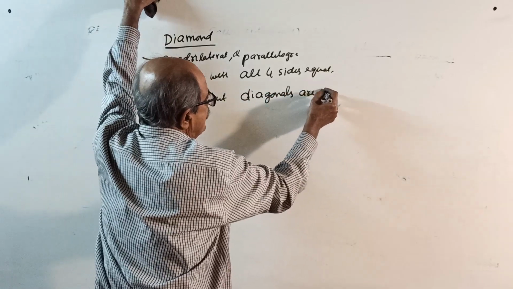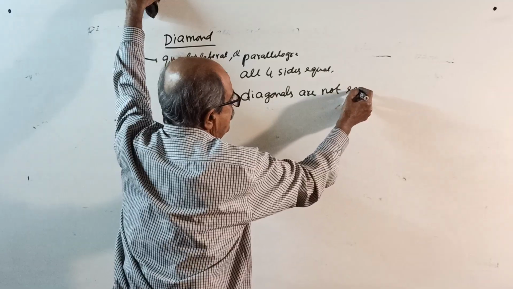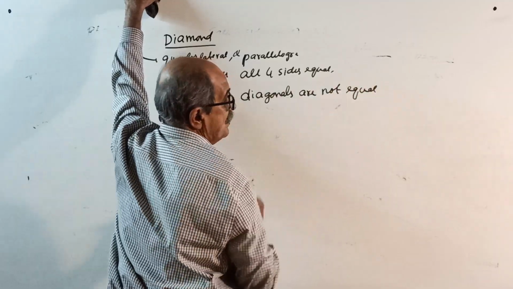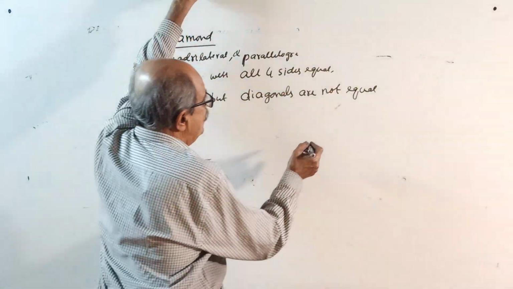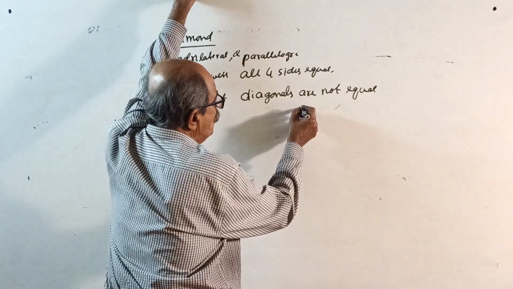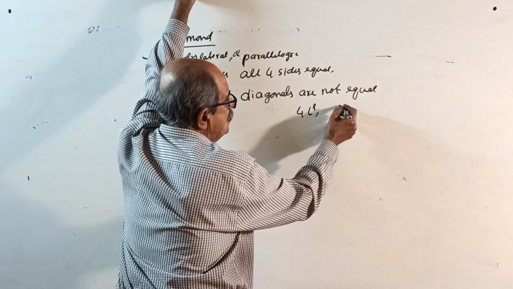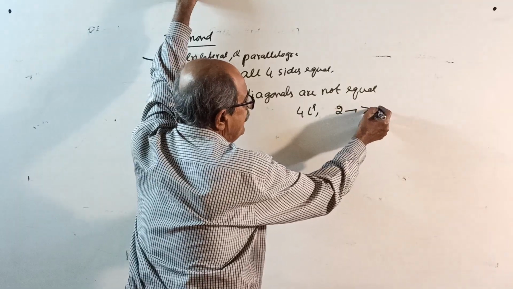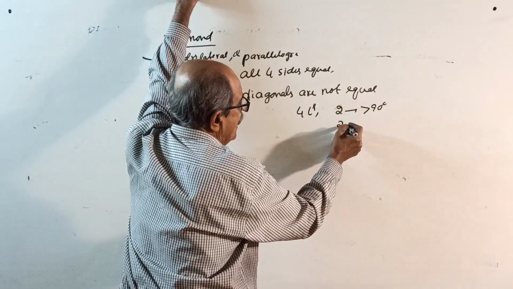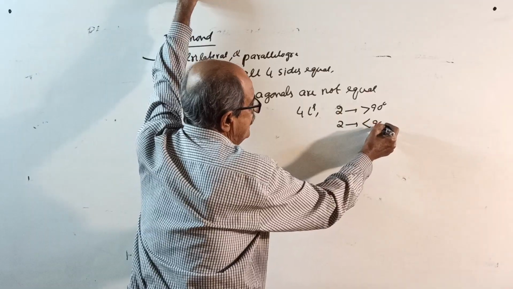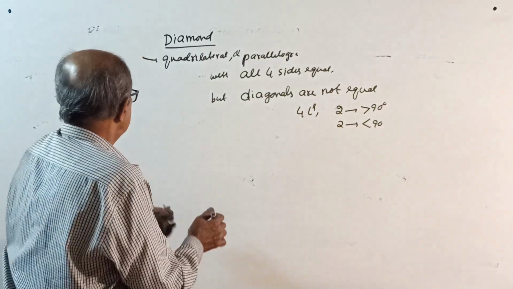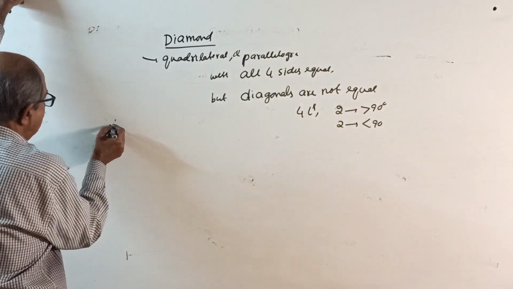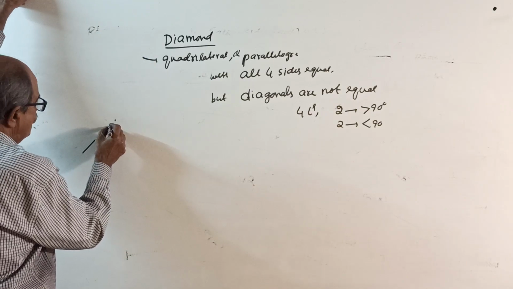So the angle is not 90. There are a total of 4 angles. 2 of the angles are more than 90 degrees and two of the other angles are less than 90 degrees. If all are 90 degrees, it becomes what? Square only. See, now, this is a diamond section, rhombus section.